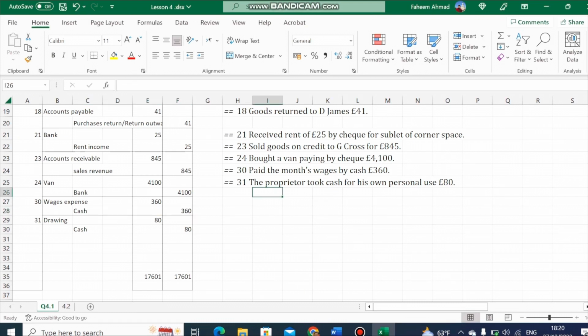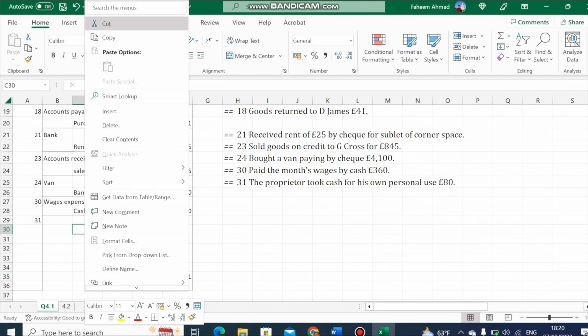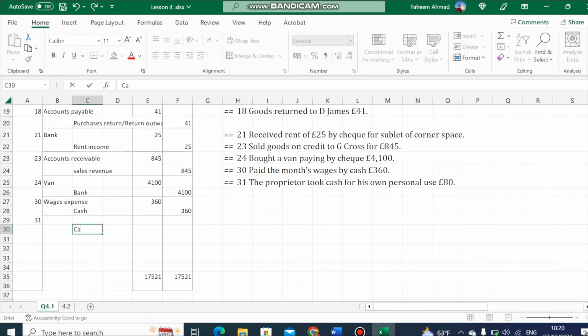Last transaction is on 31st. Proprietor took cash for personal use, 80 pounds. So first of all, I can see cash. Cash is going out of business. Cash is an asset, decreasing, credit, amount 80.